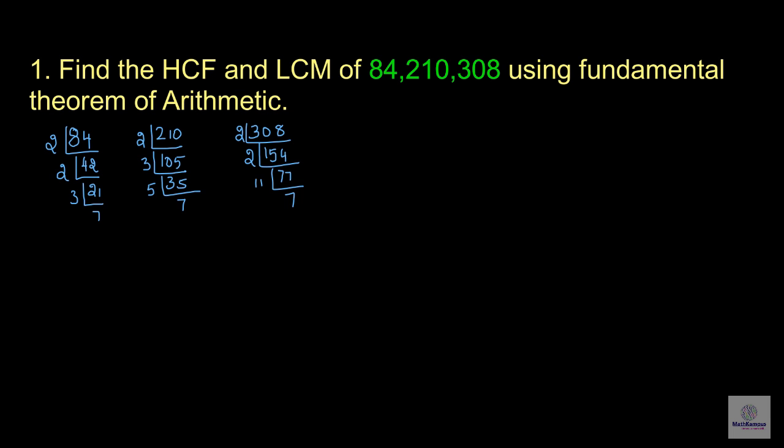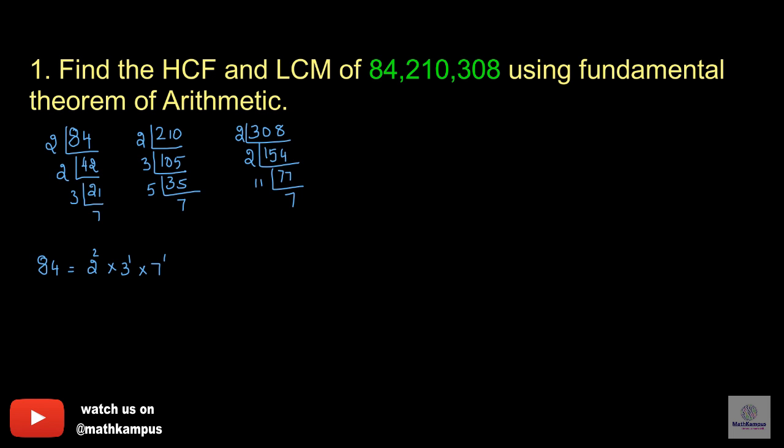So 84 can be written as 2 square, 3 power 1 and 7 power 1. This is where we use the fundamental theorem of arithmetic. Every composite number, that is, 84 is a composite number, can be expressed as a product of primes in a unique way.